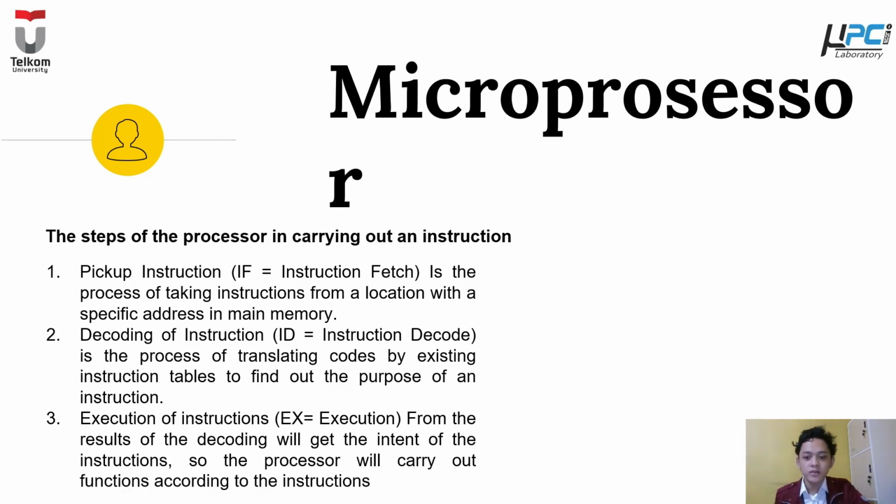This is the process of translating codes by existing instruction tables to find out the purpose of an instruction. Then, the next process is execution of instruction or EX. From the result of the decoding, we'll get the intent of the instruction. So the processor will carry out function according to the instruction.